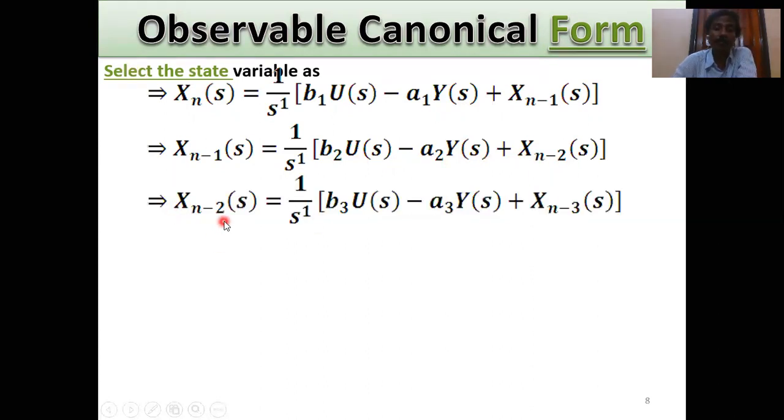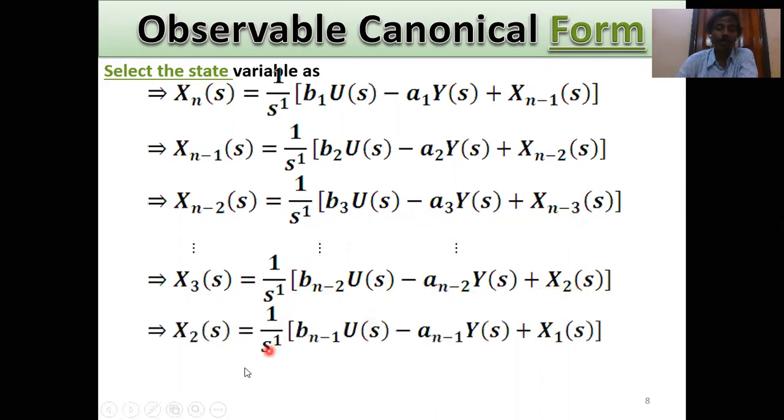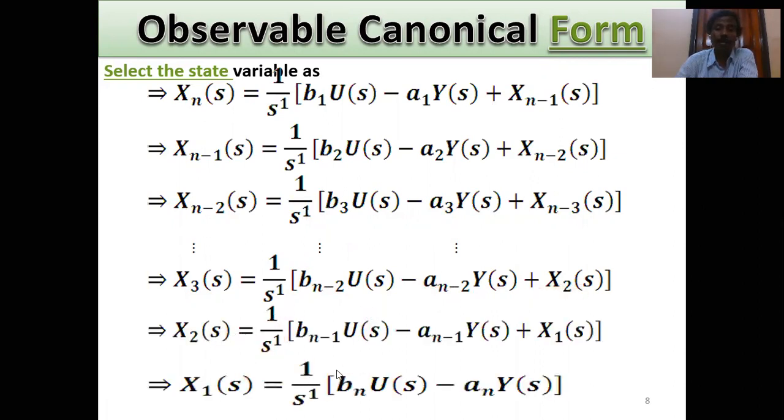Similarly, Xn minus 2(s) equals 1 by s times b3 U(s) minus a3 Y(s) plus Xn minus 3 into s, and so on. X3(s) equals 1 by s to the power 1 times b(n minus 2) U(s) minus a(n minus 2) Y(s) plus X2(s). Similarly, X2(s) equals this, and X1 ultimately equals 1 by s into bn into U(s) minus an into Y(s). This is the very important factor.